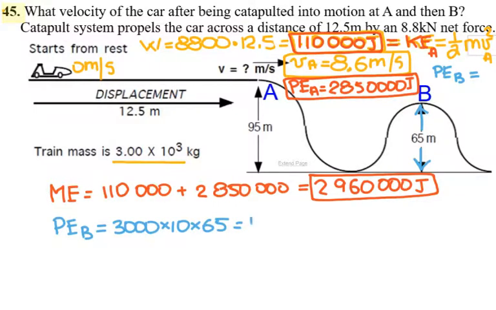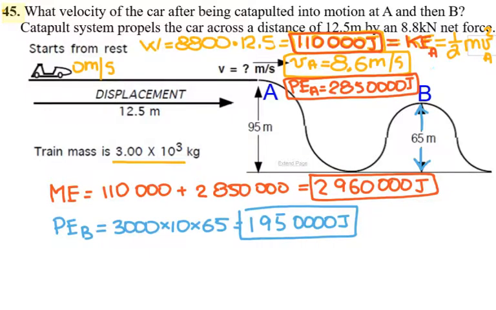That gives me 195 and 4 zeros joules. So this is how much potential energy I have at B, and then the rest of it is the kinetic energy at B.